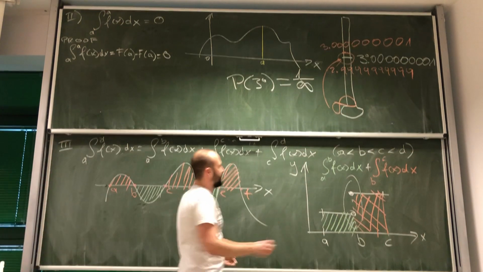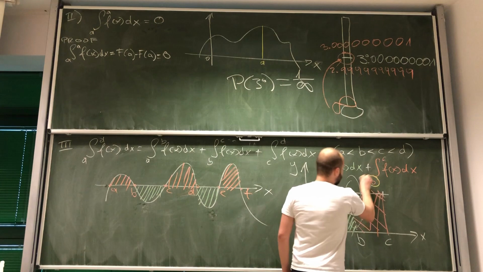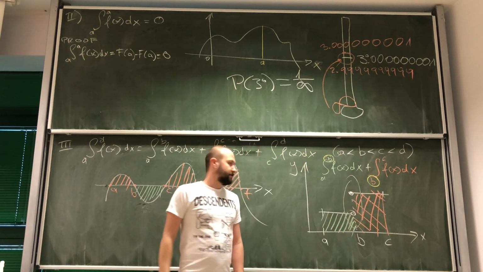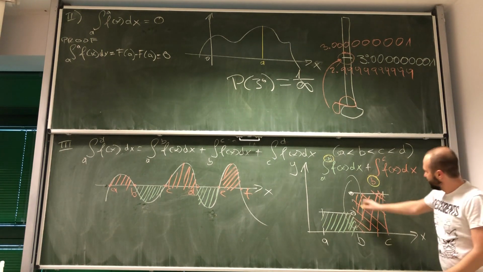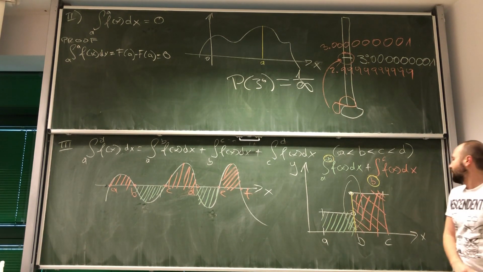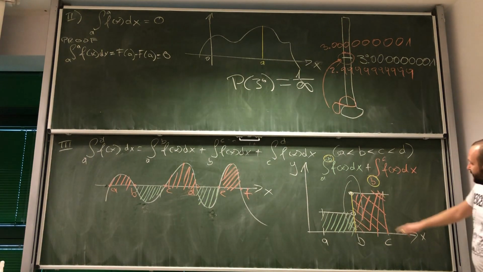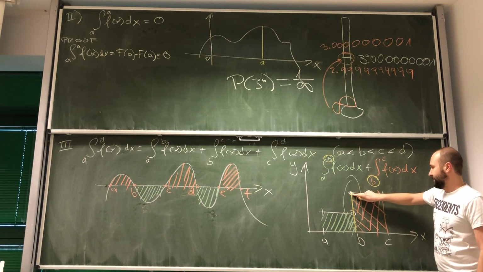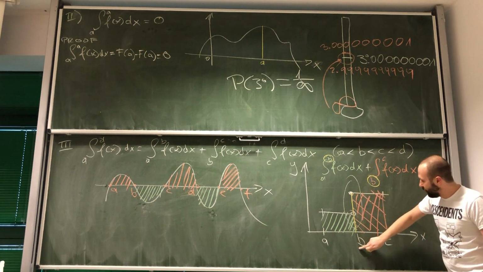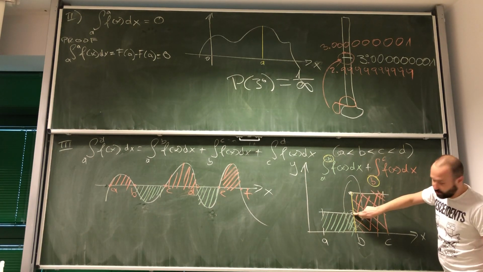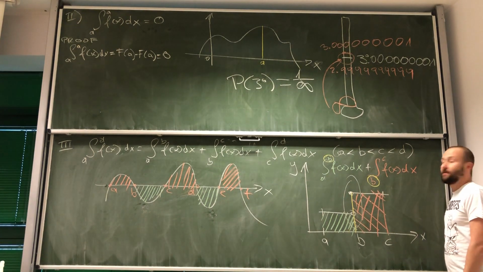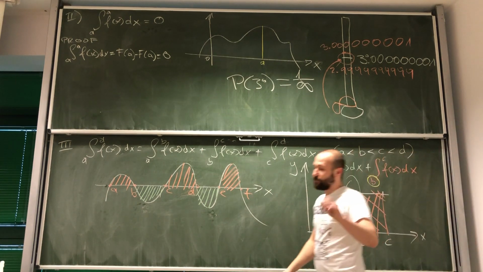We have B here and B here. But again, referring to property number 2, what is the area over here? Below this B? 0. Below this function at B? 0. And below this function at B? Also 0. So, not a problem.